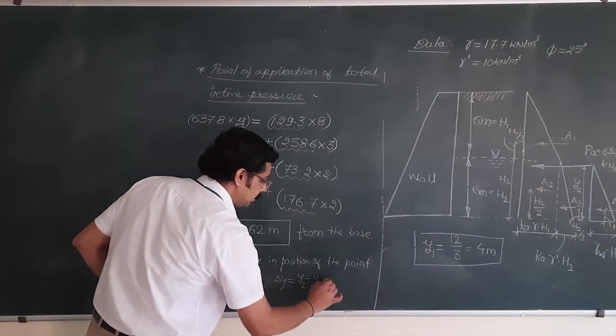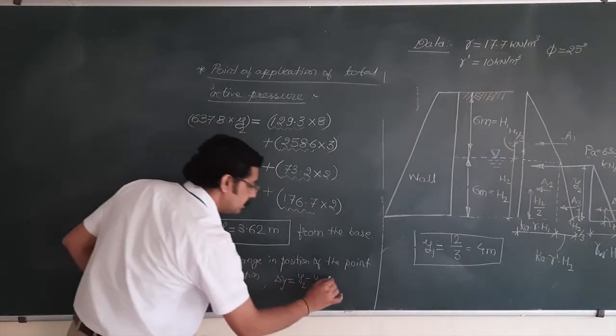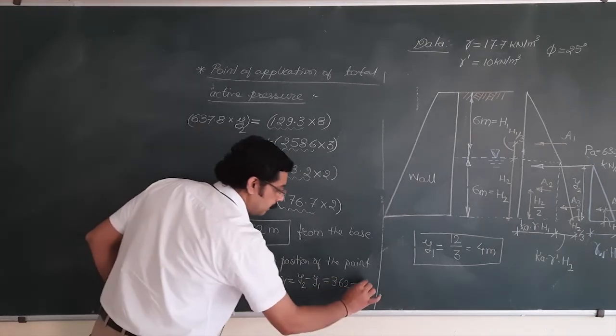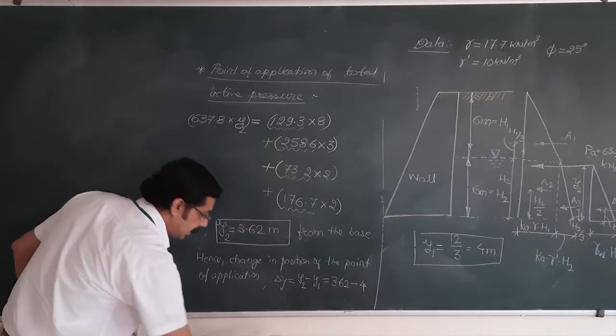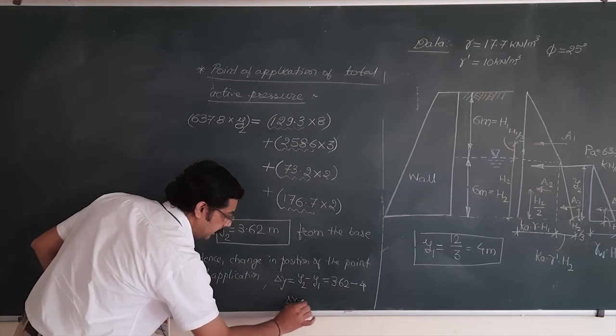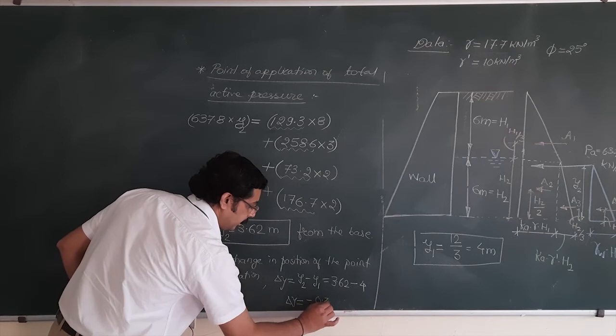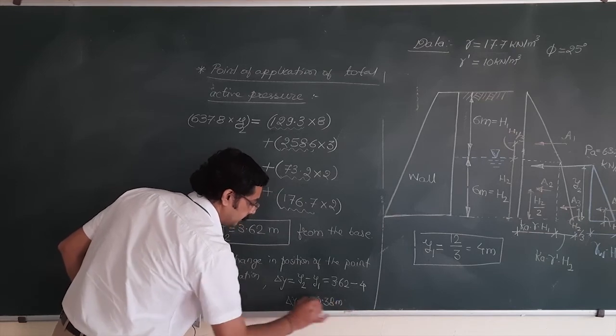How much is y2? y2 is 3.62 and y1 is 4 meter. So what will be the final value? Delta y equals minus 0.38 meter.